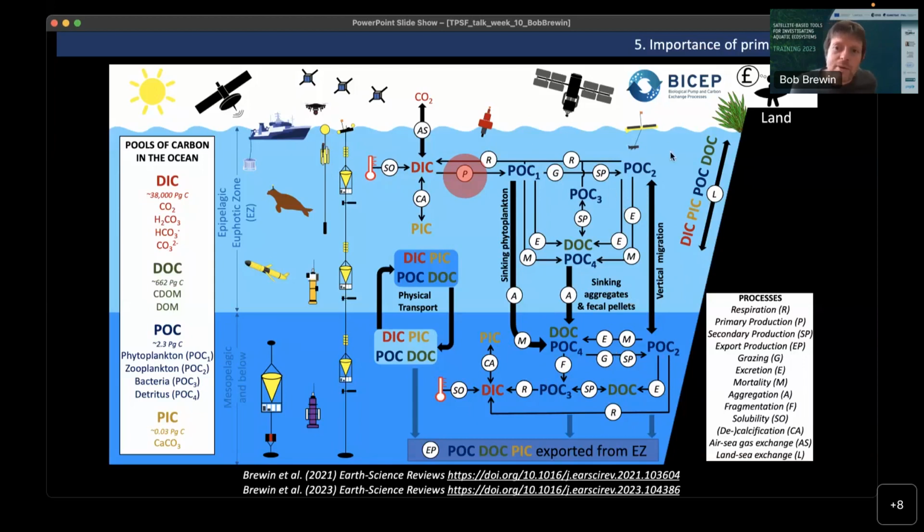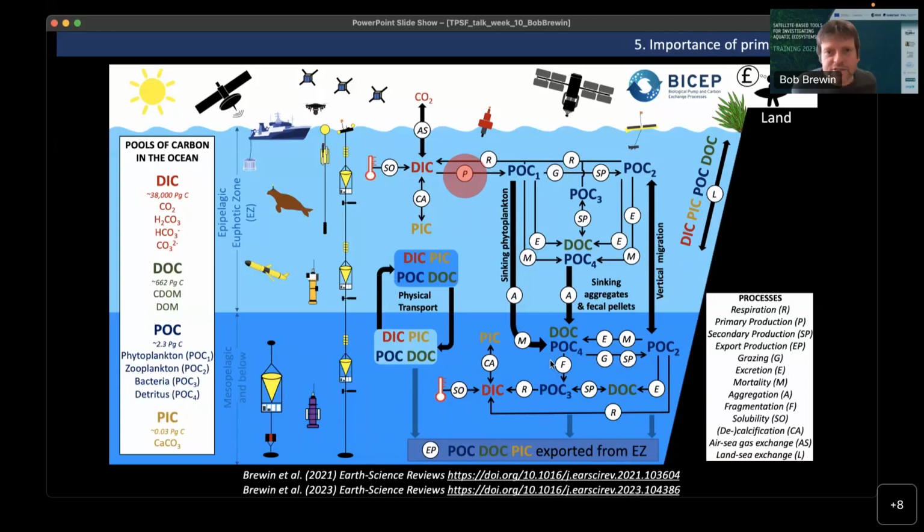There's also complex vertical migration going on with the zooplankton, where they come up at the surface during the night to feed and then go down to depth and excrete some of that carbon that's been eaten. There's also physical processes moving around these different pools of carbon in the ocean, and there's a whole lot of complex processes going on at depth as well, resulting eventually in an element of that primary production produced in the surface being transferred into the deep ocean in the form of export production.